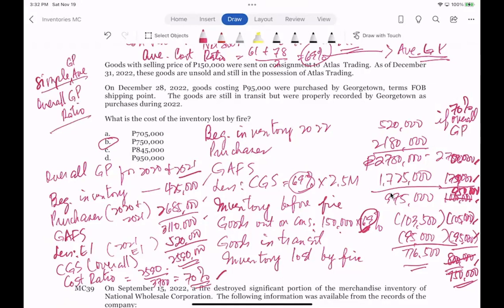If you use the simple average, our answer will be 776,500. But if we use the overall gross profit ratio, our answer will be 750. And because this is multiple choice and 776,500 is not one of the choices given, that means you have to shift your computation to the overall gross profit ratio. So you are at the mercy of the examination.